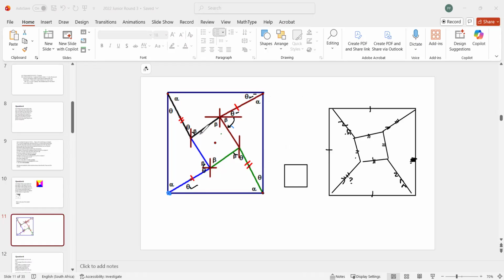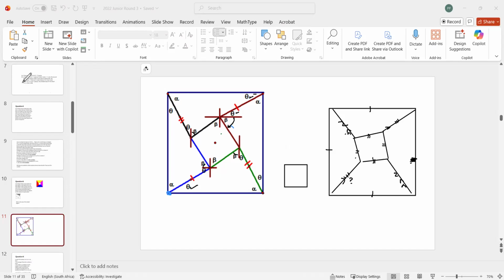Certainly, these two angles are the same. But why are these angles here the same? Hmm.